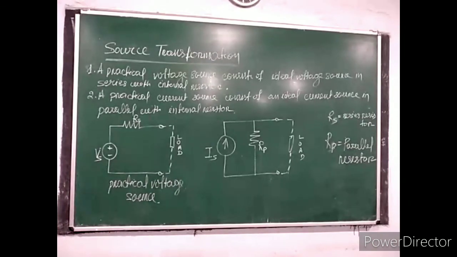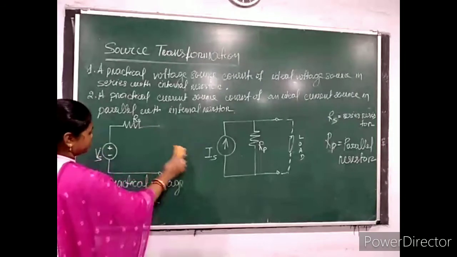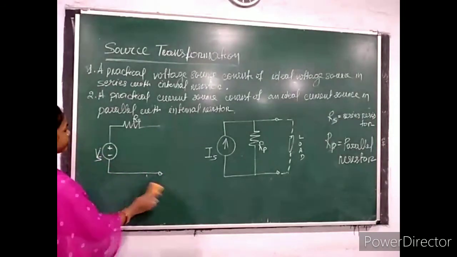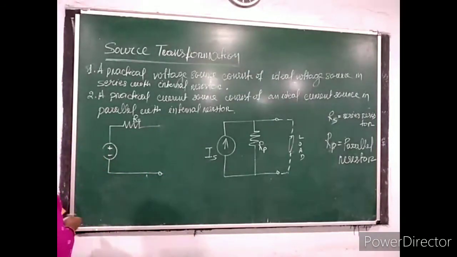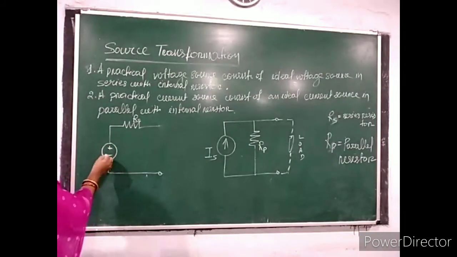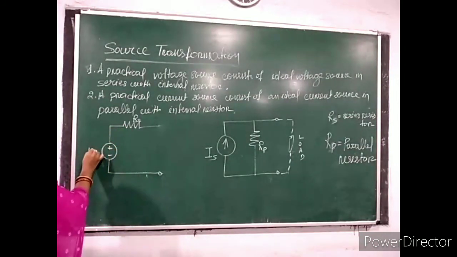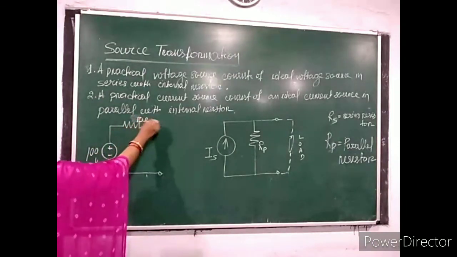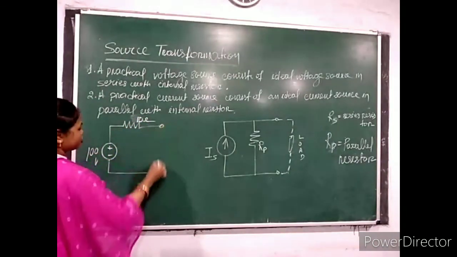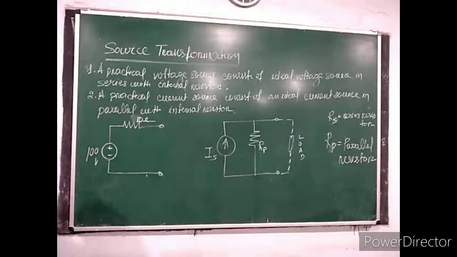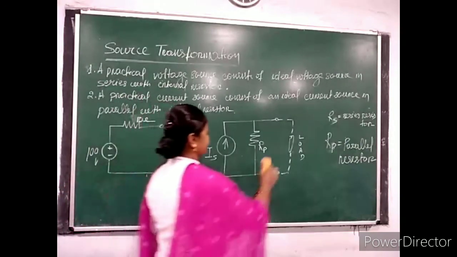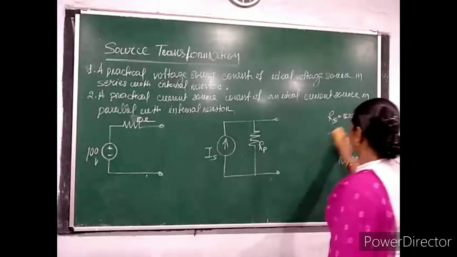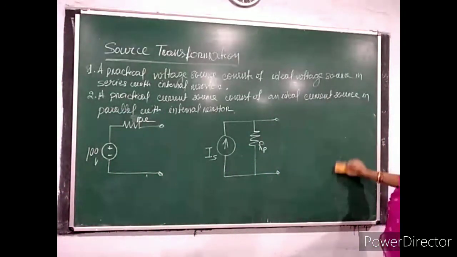Now we consider one simple example. Suppose a voltage source with internal resistance is given. This is 100 volt and this one is 10 ohm. Question is to convert this voltage source into current source. How do you convert? You know that here you simply apply Ohm's law.